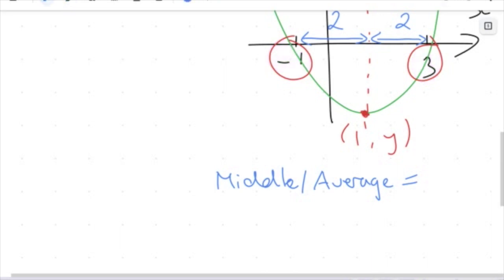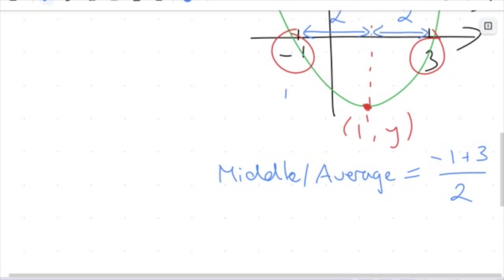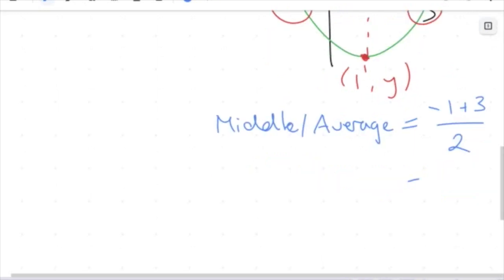So here we have two numbers, -1 and 3. We're going to add those together and divide it by 2, because there are 2 numbers here. And when we average this out, we're going to get minus 1 plus 3 equals 2, divided by 2 equals 1.